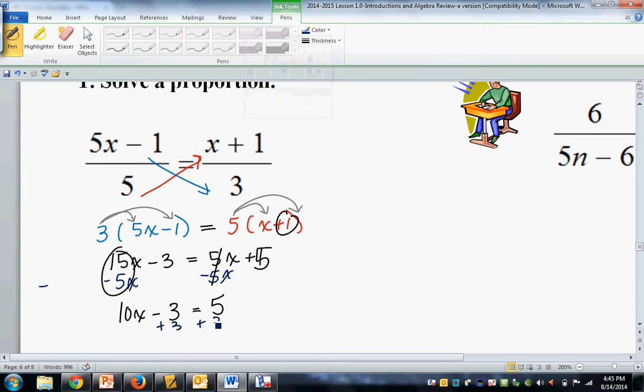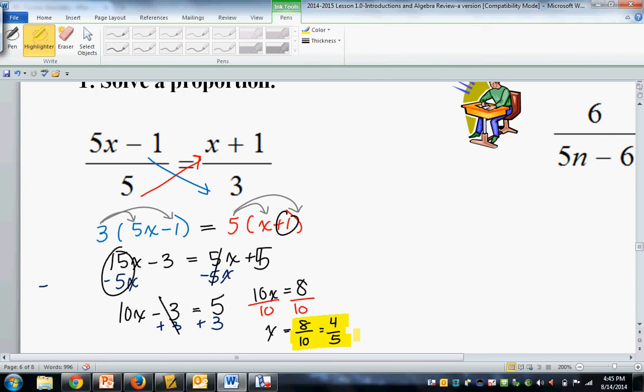Then I'm going to go plus 3, and that gives me 10x equals 8. I want to get rid of that 10, so I divide both sides by 10. So x equals 8 over 10, or 4 over 5.